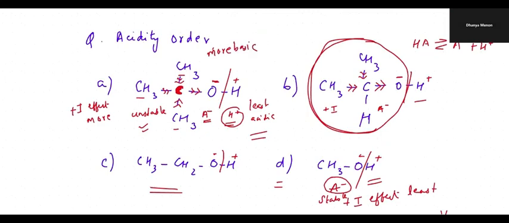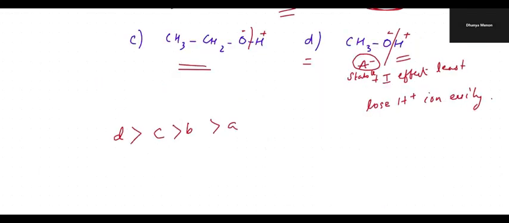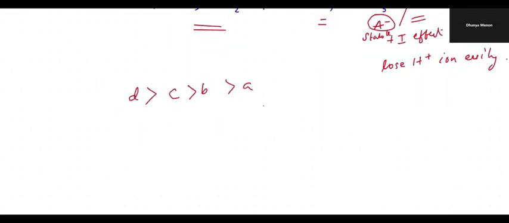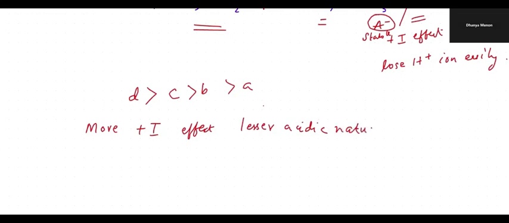To make things simpler, we can say more plus I effect means what? Lesser acidic nature. And more minus I effect means more acidic nature.